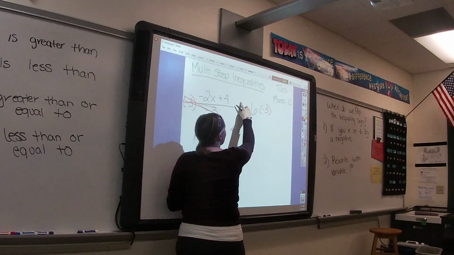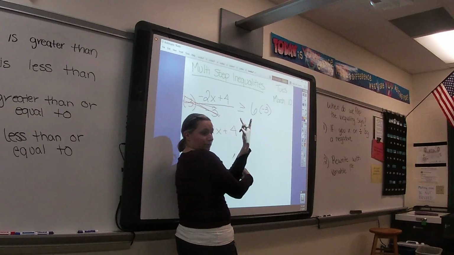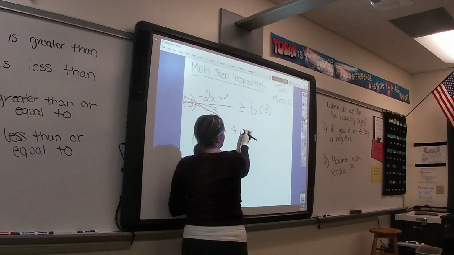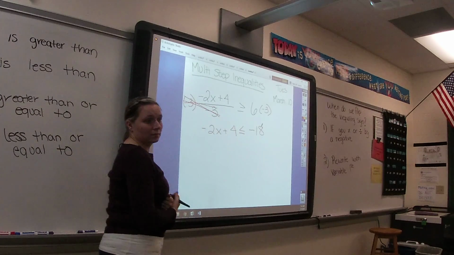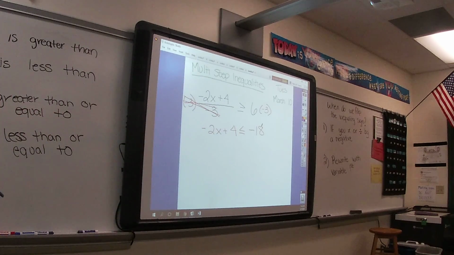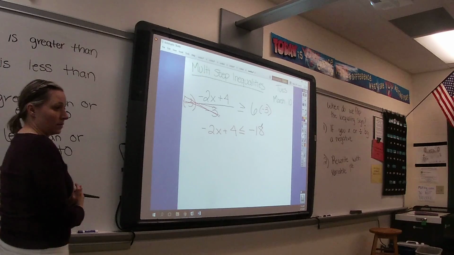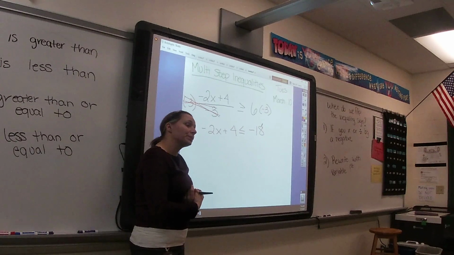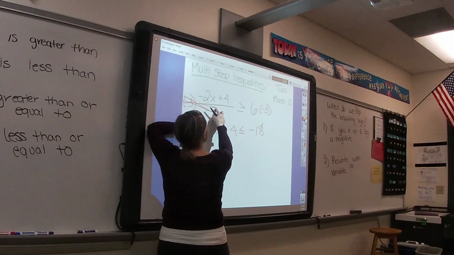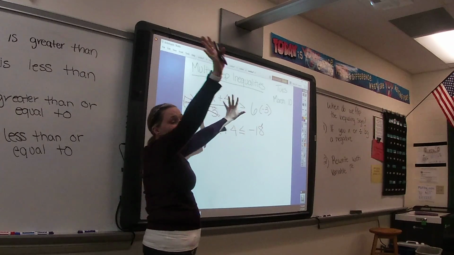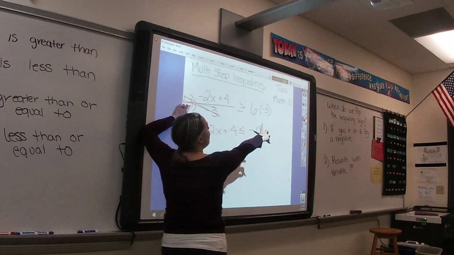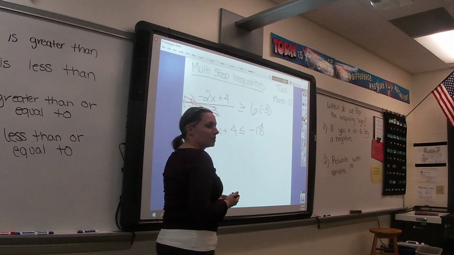So that is a reason to flip this sign. We're flipping it because what I did in red is negative. There can be negatives anywhere else, but it's what I'm moving that matters.